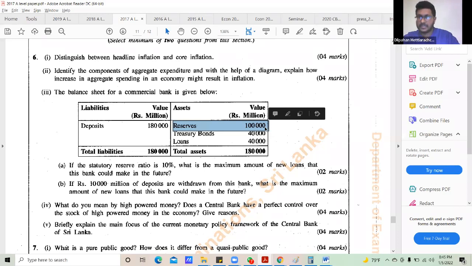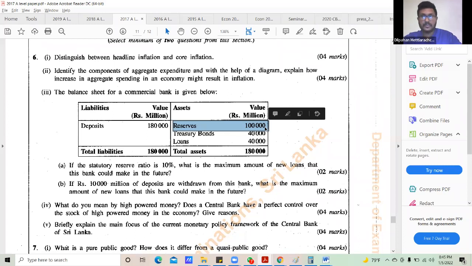And then we have treasury bonds and loans. Normally for a normal business, a loan is a liability. But here, this loan is an asset. Why? This is a bank. Banks provide loans to their customers, so this loan is an asset for the bank. They have granted loans and they will get that money back one day from their customers.